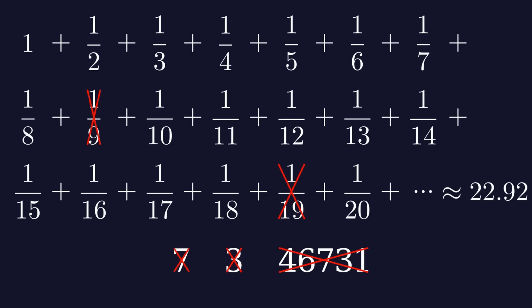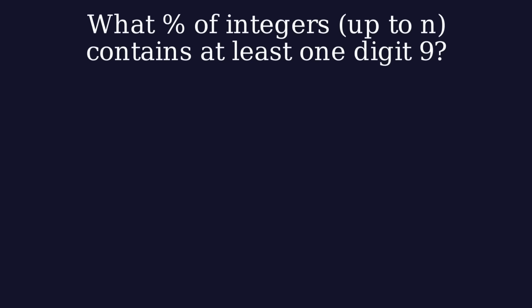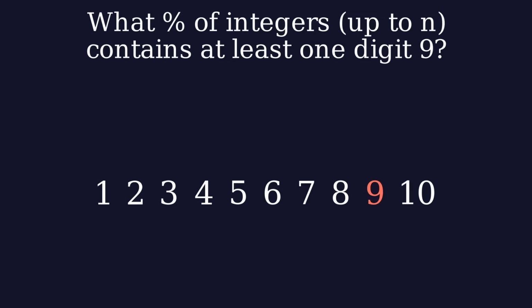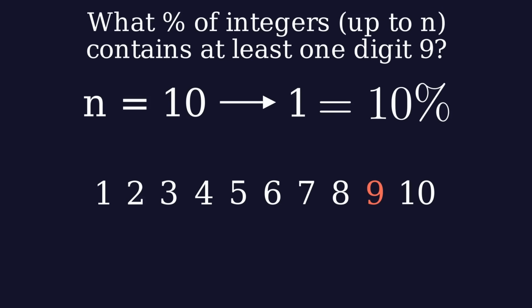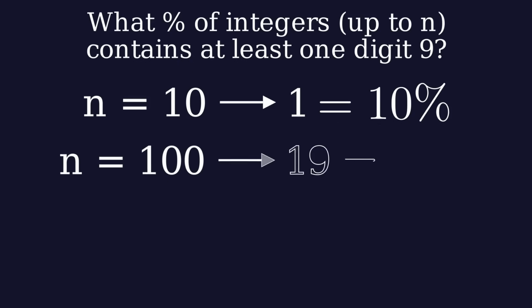To understand why this happens, let's look at this problem from a different perspective. Let's see what percentage of integers contain at least 1 nine. If we look at the first 10 integers, only one of them contains a 9. However, as we examine larger sets of numbers, the percentage increases significantly. For example, in the first 100 integers, 19 of them contain at least one digit 9.